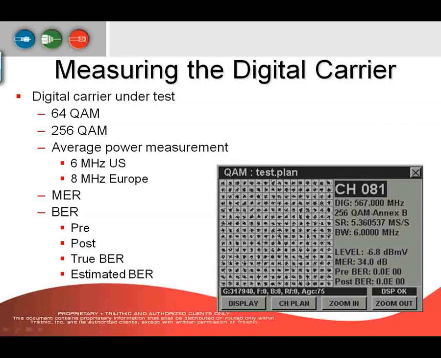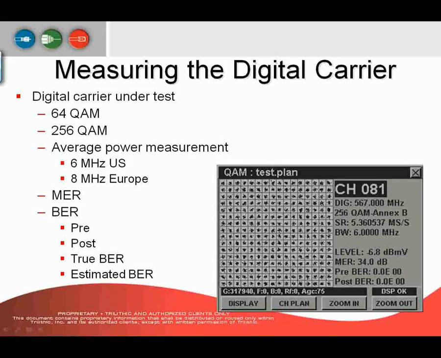And we talked about MER, the BER. We talked about pre, post, and true BER, which is when there's actually a digital board or a digital piece of equipment that's measuring every bit that passes by it, as opposed to an estimated BER that looks at the MER, uses the Reed-Solomon method, and comes up with what the BER should be.